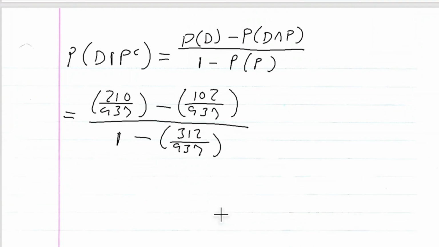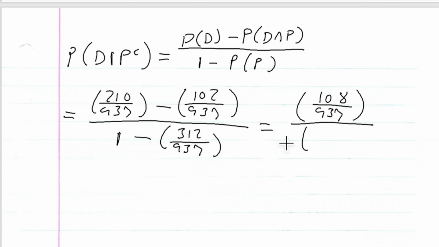All right, so I can plug this into a calculator. I'll do the top first. This will give me 108 over 937. And the bottom, 1 minus 312 over 937, would just give me 625 over 937.